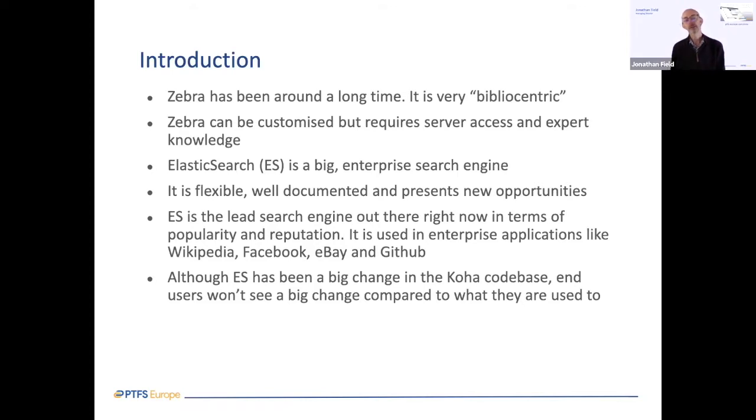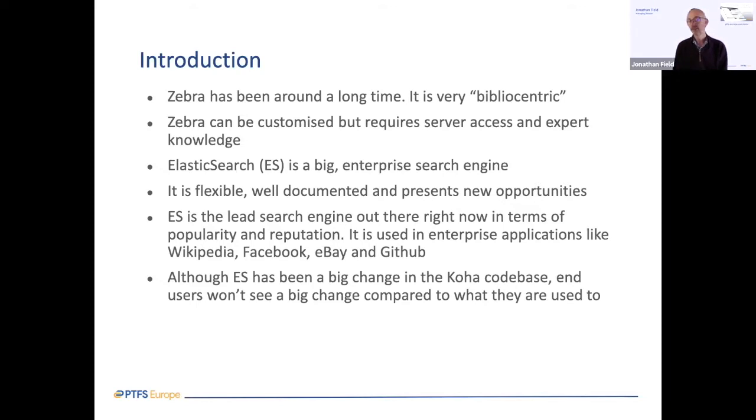In contrast, Elasticsearch is, as you probably know, a big enterprise search engine. One of the good things about it is it's really well documented, so there really isn't anything you can't find out about it if you need to find out more. It's built on Apache Lucene, which again is widely adopted, widely used.